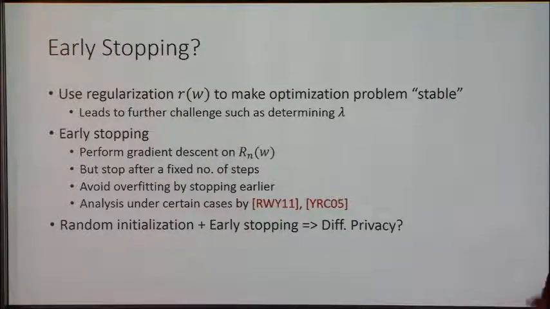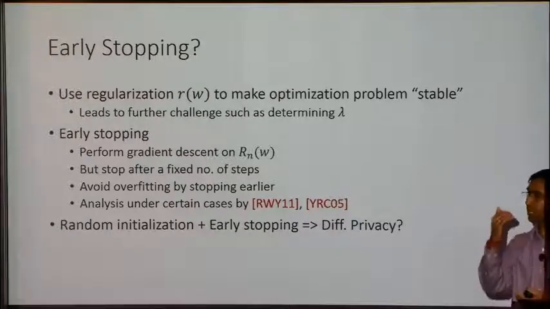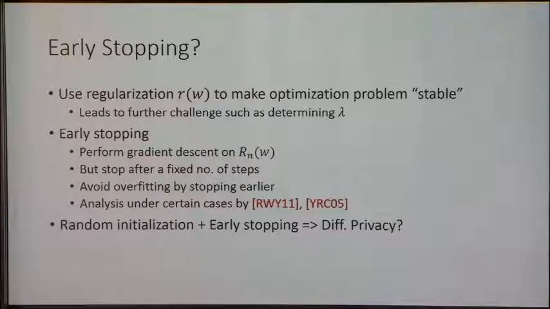And rather than optimizing your function completely, you just stop after some small number of steps. Let's say after 50 steps, you stop. Or you maintain a validation set and see how much error you incur. Initially your error on the validation set decreases, and then at one point of time it starts increasing. At that point of time, you stop.